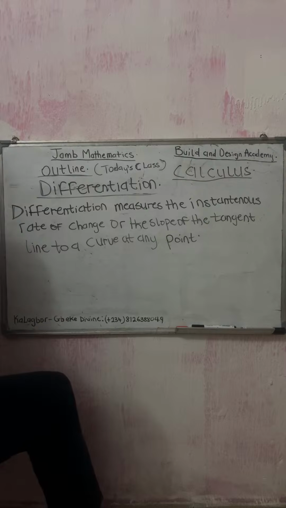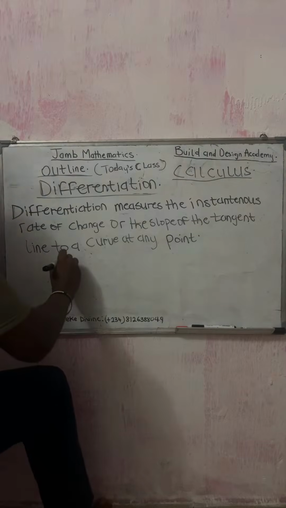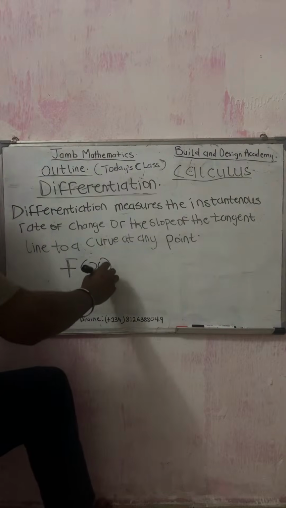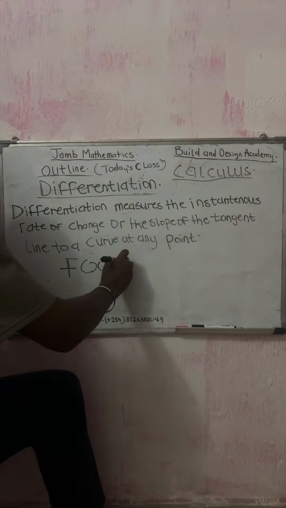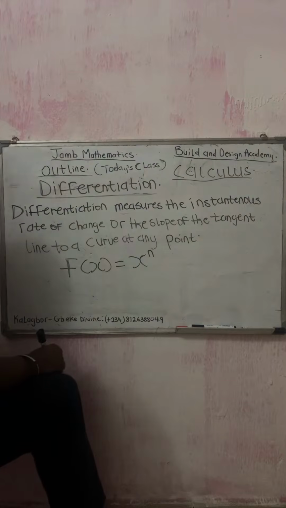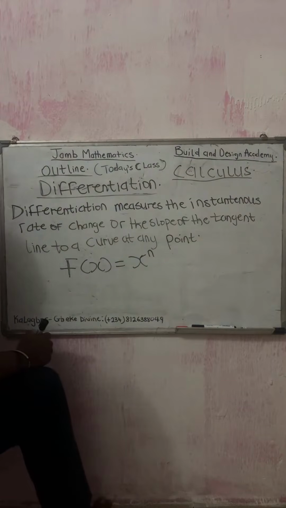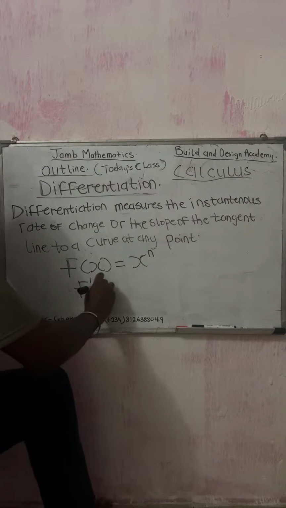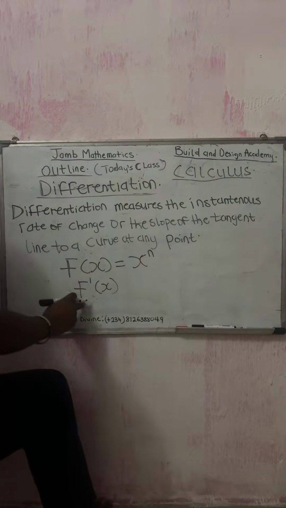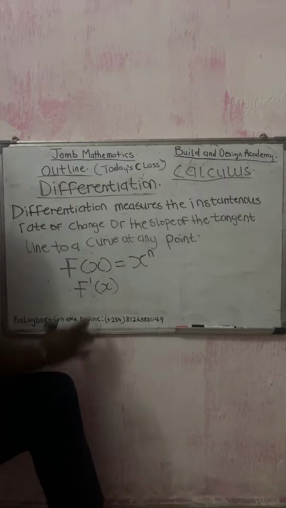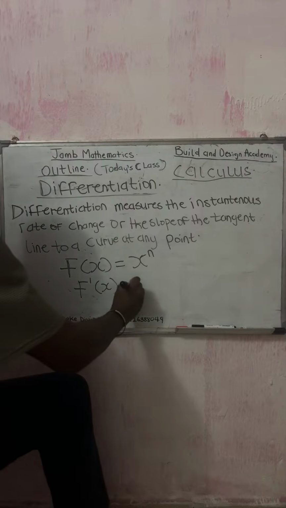So now, let me give you an example of what the power rule means. If we have a function f of x, and that function f of x is given as x raised to the power n. Now, if we are to differentiate or find the derivative of this function, the first derivative of f of x, this symbol represents the first derivative of f of x, will be equal to what?